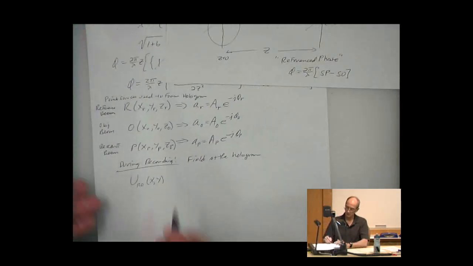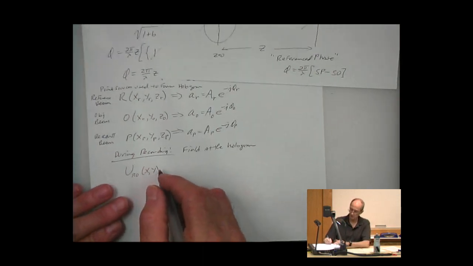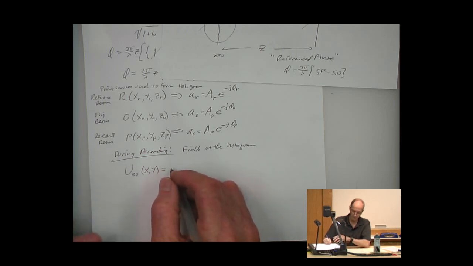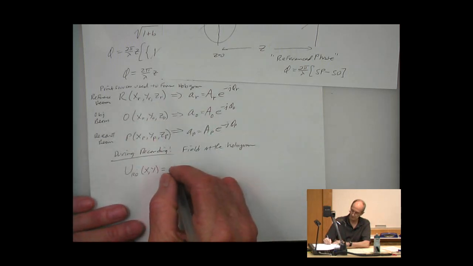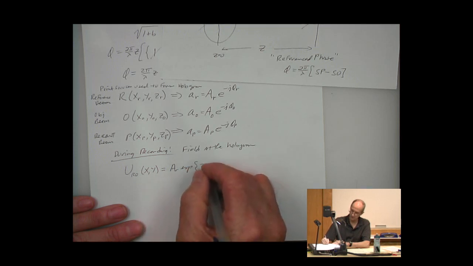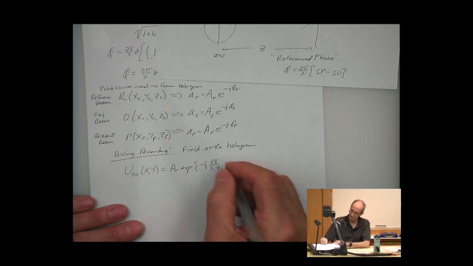So here's our field u sub ro of xy, and we construct it by illuminating with these two fields, r and o. So we're going to have A_R, exponential of minus j 2 pi over lambda 1 z_r.